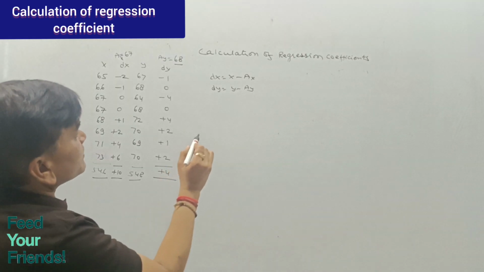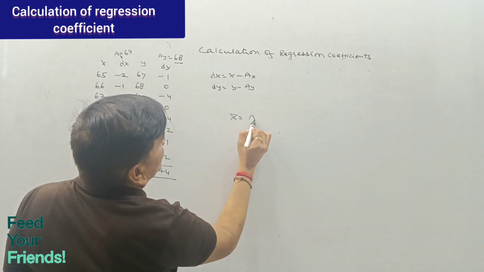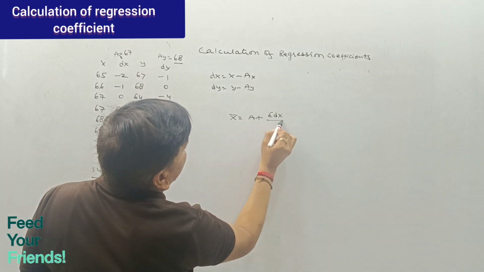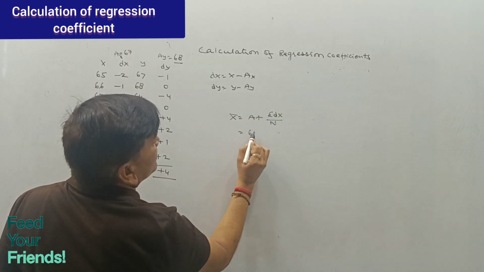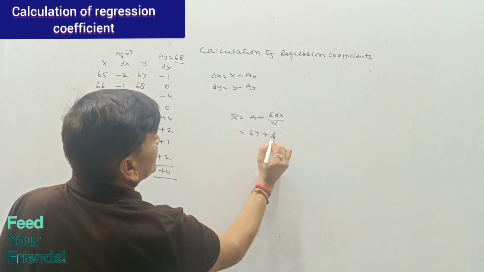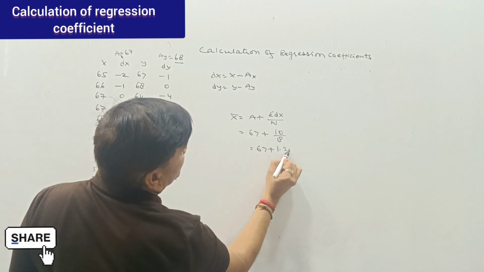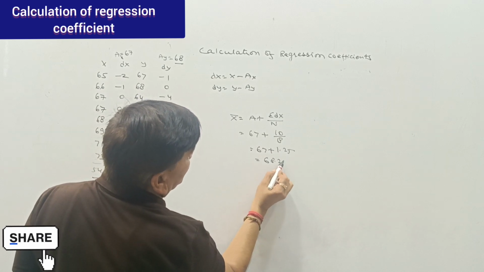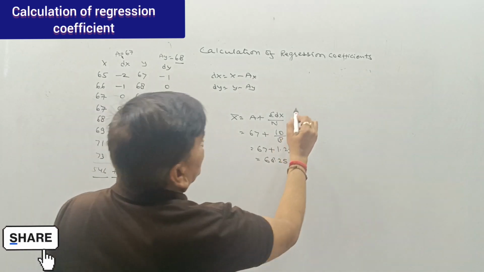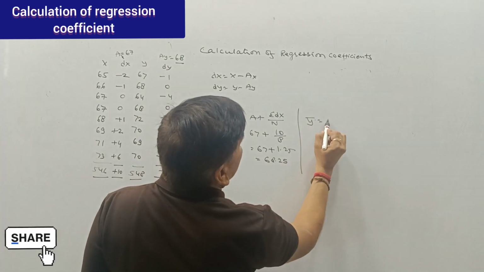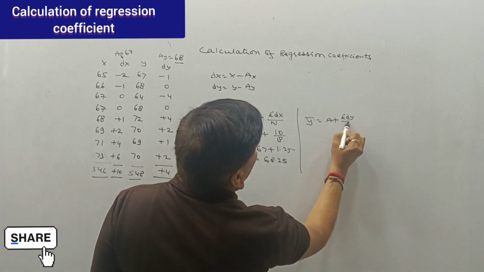For checking x bar, we calculate x bar as assumed mean plus sigma dx divided by n. Our assumed mean is 67 plus 10 divided by 8, that is 67 plus 1.25, that is 68.25. Correct. Now y bar is the assumed mean plus sigma dy divided by n.